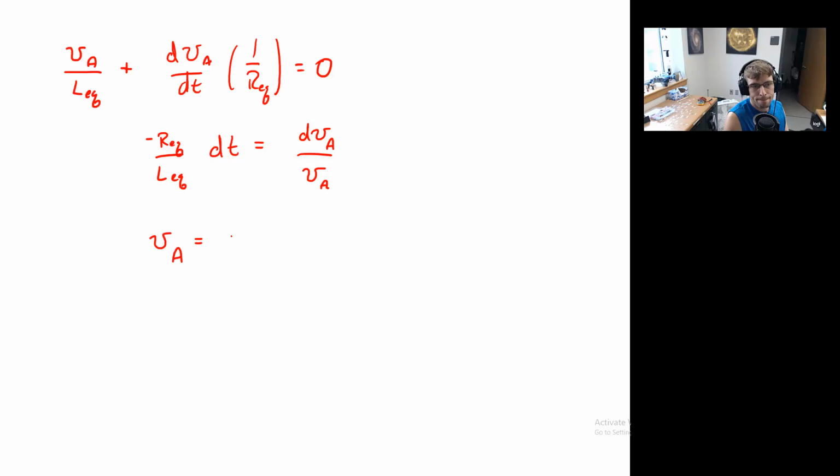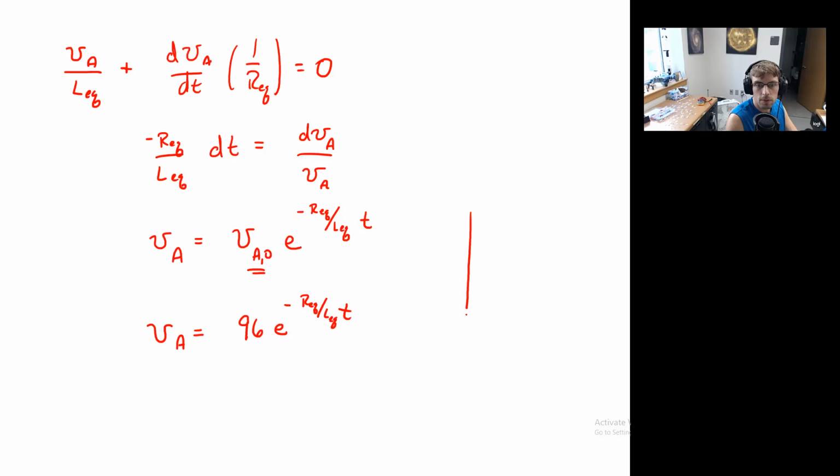Okay. So the answer to this, as you are well aware by this point, should be VA equals the initial condition, e to the negative REQ over LEQ times time. So this would be something like 96 volts, e to the negative REQ divided by LEQ times t.